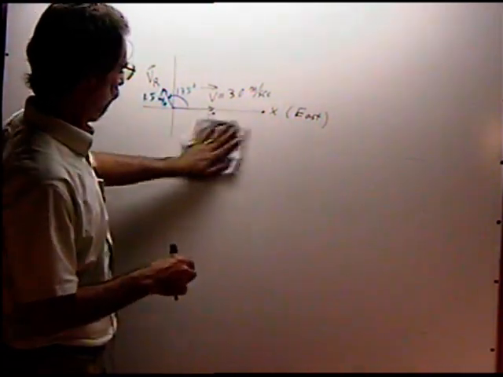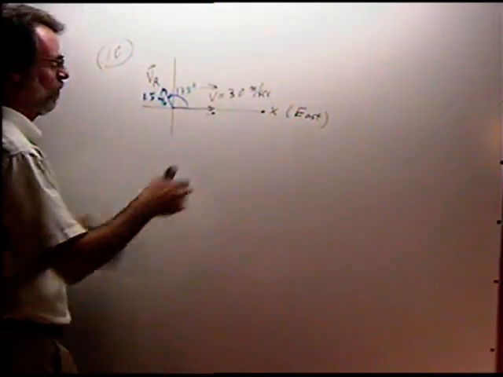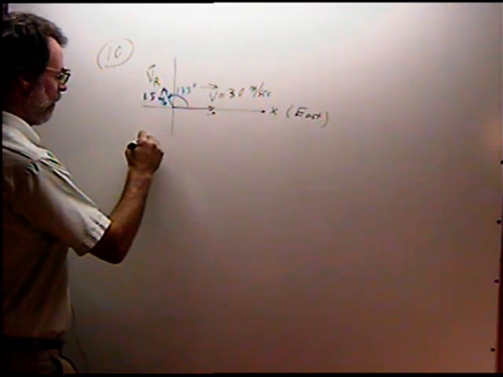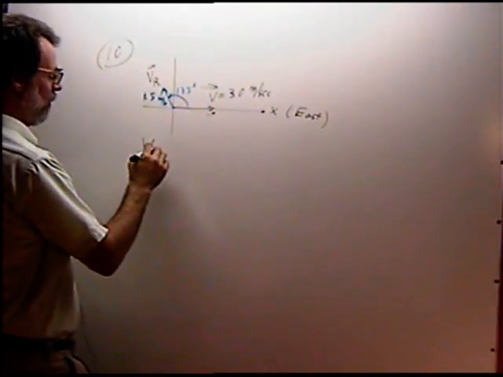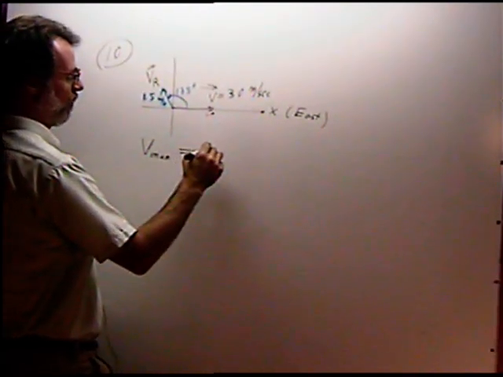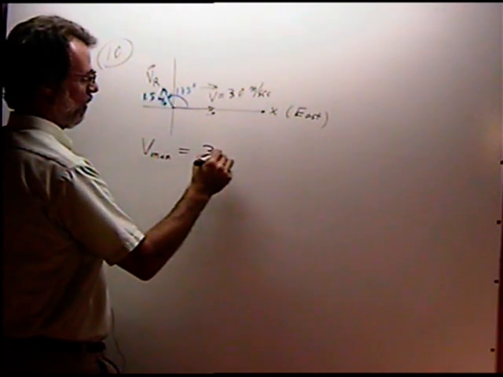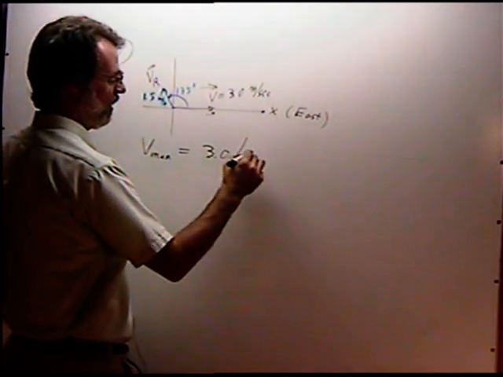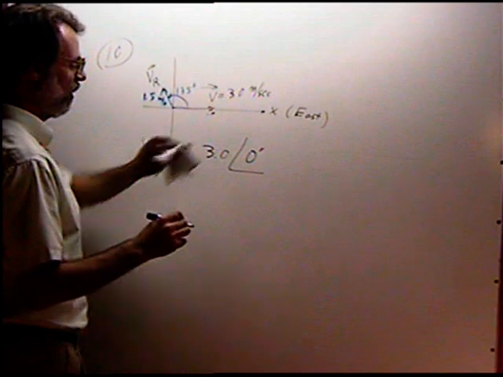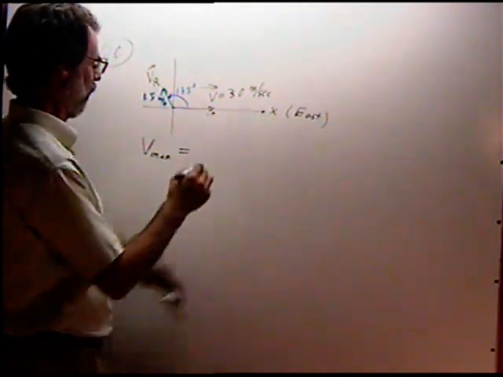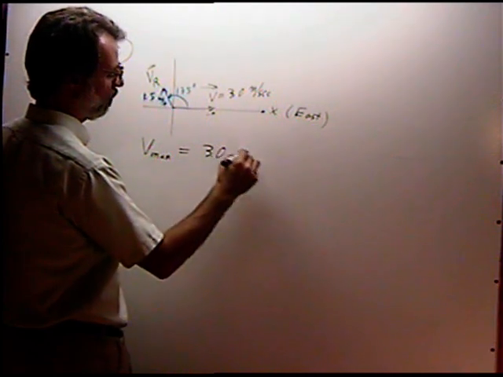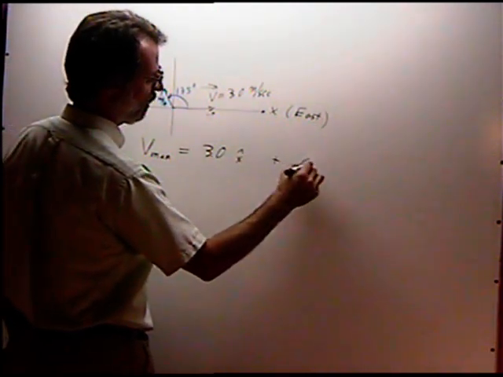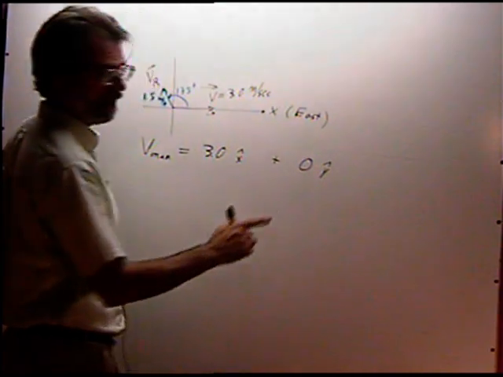So the velocity of the man is heading at 0 degrees. From a component point of view, he's going 3 meters per second in the x direction, and 0 in the y.